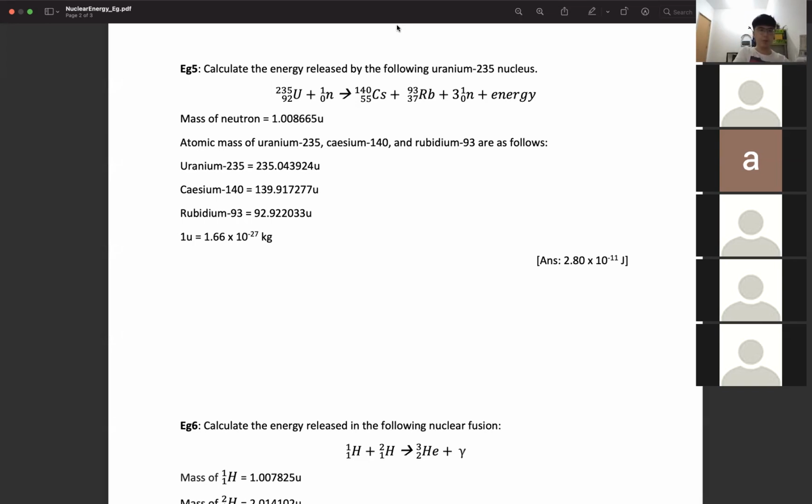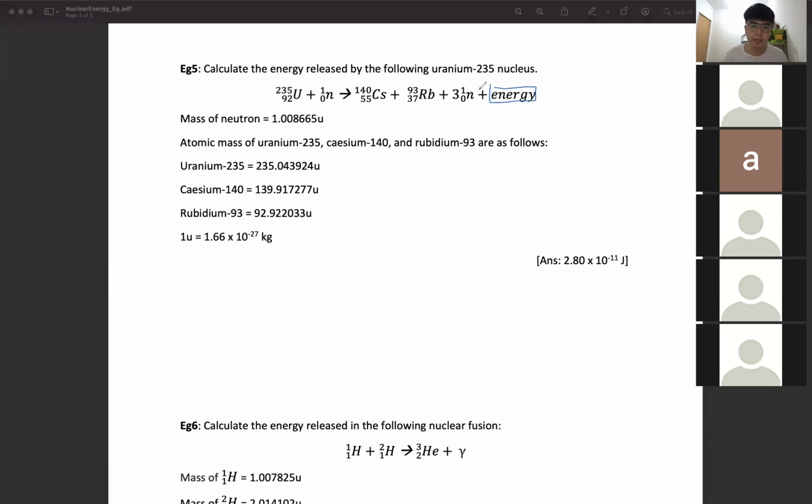That one is nuclear fusion, right? When you look at the product, uranium and neutron, so you know that is nuclear fission, not fusion. Here you are given the details: mass of neutron, atomic mass of uranium, the mass of each atom, and you want to calculate what is the energy released, E, by the entire nuclear reaction.